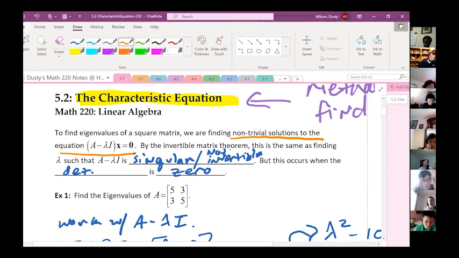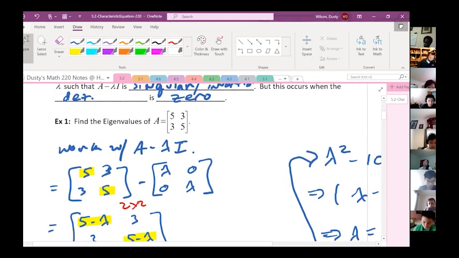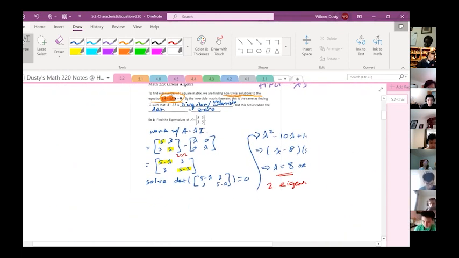So a non-trivial solution to the homogeneous equation means that this matrix A minus lambda I must not be invertible. That makes sense, Evan? Cool. Other questions before we go on?